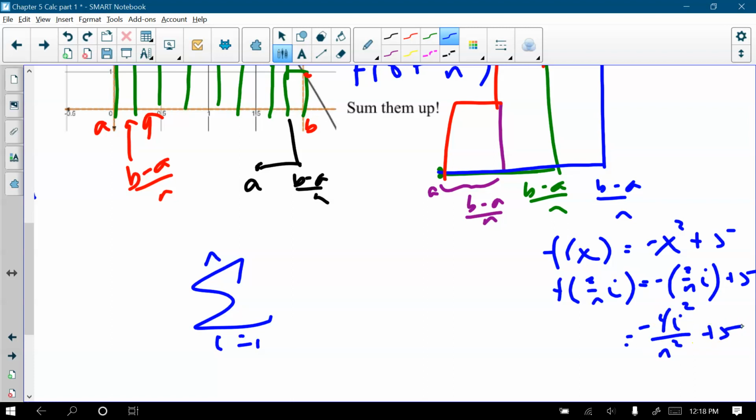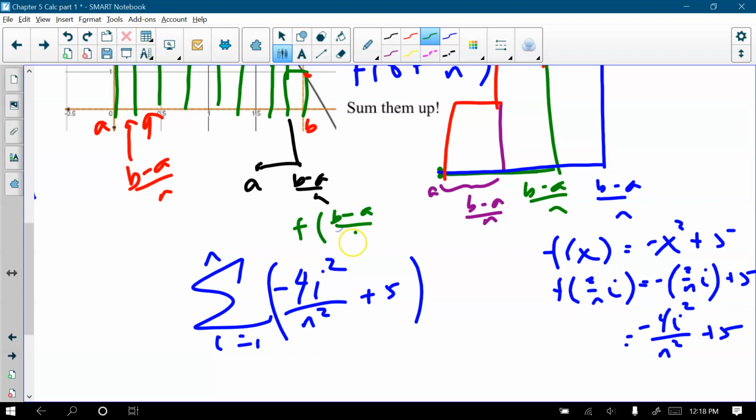Okay, so now I'm just going to plug that in over here. So the summation of negative 4 i squared over n squared plus 5. Now this was all of f of 2 over n i. So I'll just write that up here so you're clear. This is f of a plus b minus a over n i.